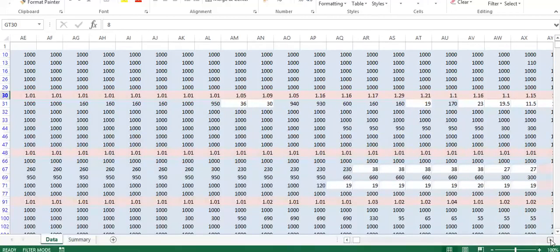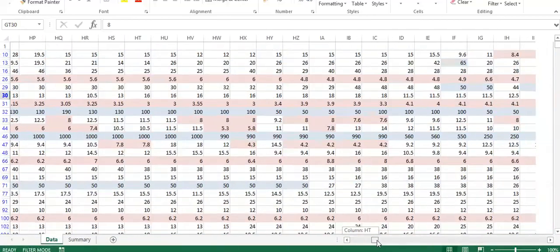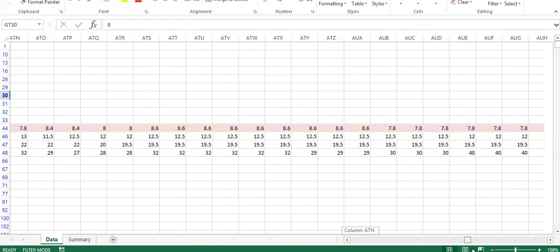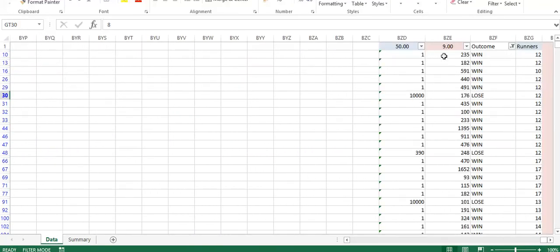And then what I've done at the far right hand side is add some formula to determine whether these trades are winning or losing trades. Scroll over to the right hand side, so you can see here we have the two column headers, the 9 and the 50. So that's the lay entry point and the back exit point.